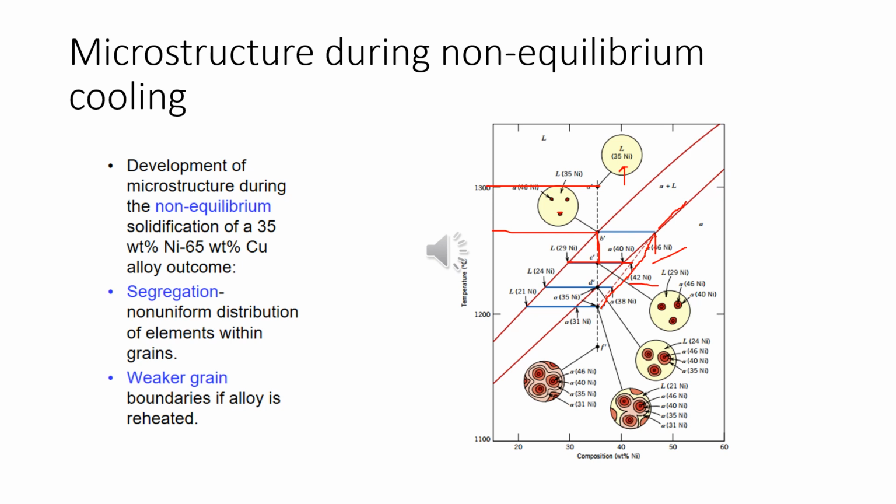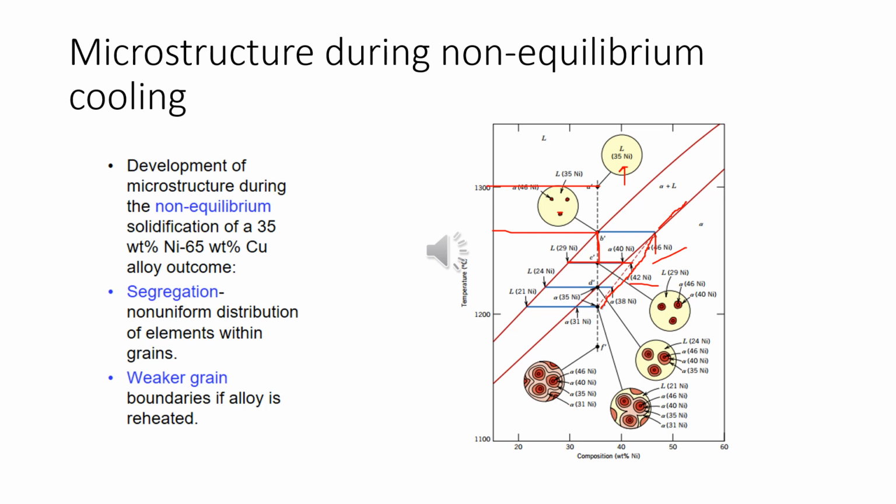Let's take the average composition to be 42% weight nickel and 58% weight copper. We would also find that, on the basis of lever rule compositions, a greater proportion of the liquid is present for those non-equilibrium conditions than for the equilibrium cooling.